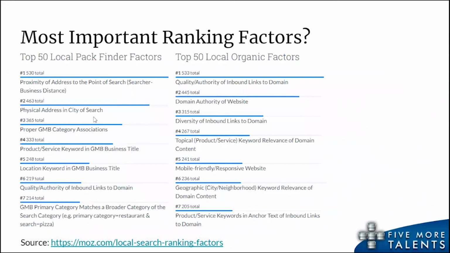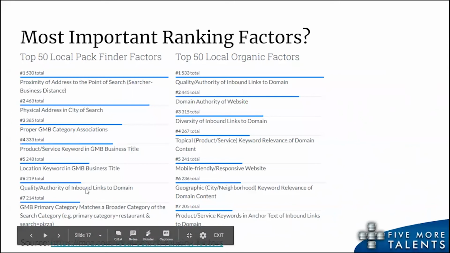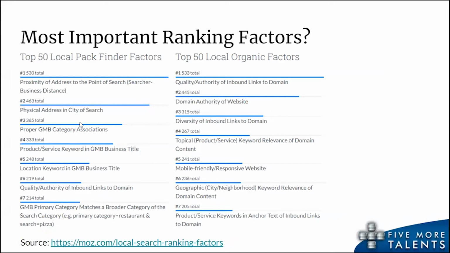And just to kind of summarize this, this Google My Business listing is really important. Where your church is located is really important. That's really more of a building committee kind of discussion. But as far as just stuff that you can do on the web, Google My Business is really important.